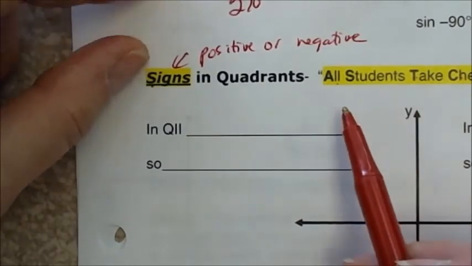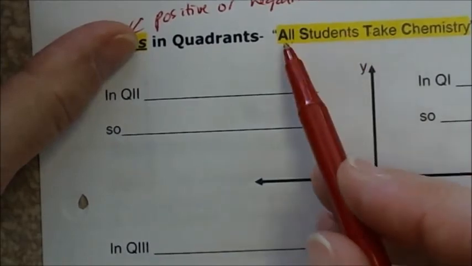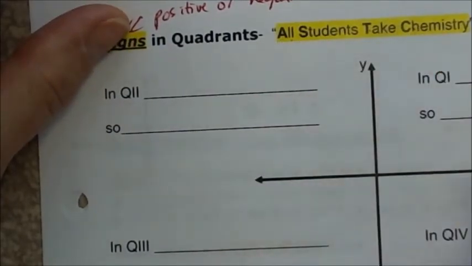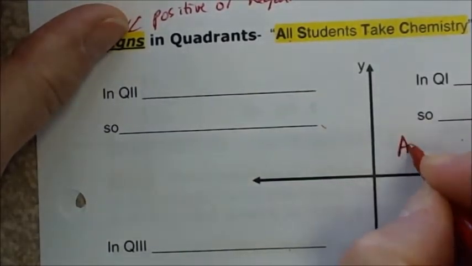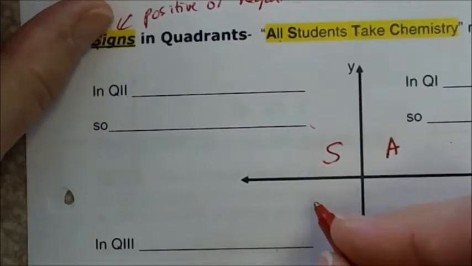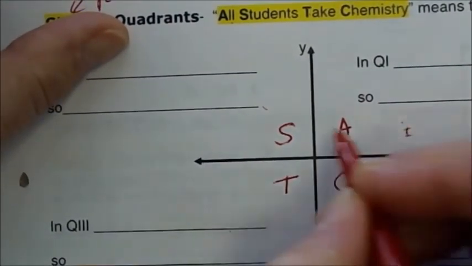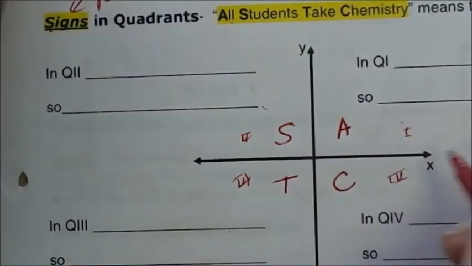It's not true, but it's a way to remember: we're going to use the first letter of each word, and in quadrants 1, 2, 3, and 4, we're going to put the first letter. All students take chemistry in quadrants 1, 2, 3, and 4.